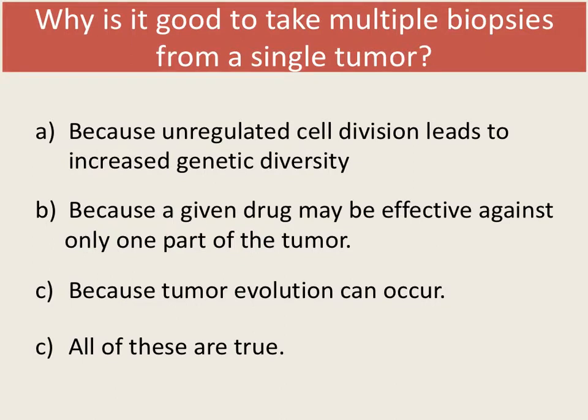Okay. Why is it good to take multiple biopsies from a single tumor? C? There's two C's. Effective against only one part of the tumor, because unregulated cell division leads to increased variation.